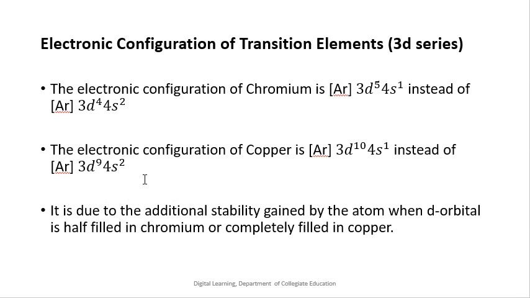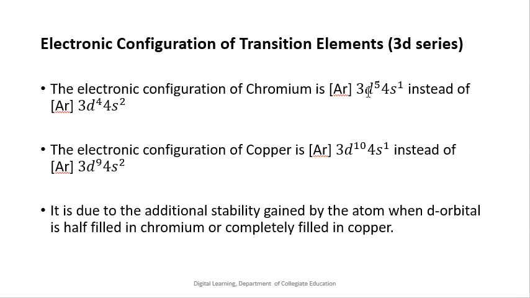This is due to the additional stability gained by the atom when the d orbital is half filled, that is 3d5 in the case of chromium, and fully filled, 3d10, in the case of copper. One electron from the lower level, that is the 4s level, jumps to the higher 3d level in order to gain extra stability.